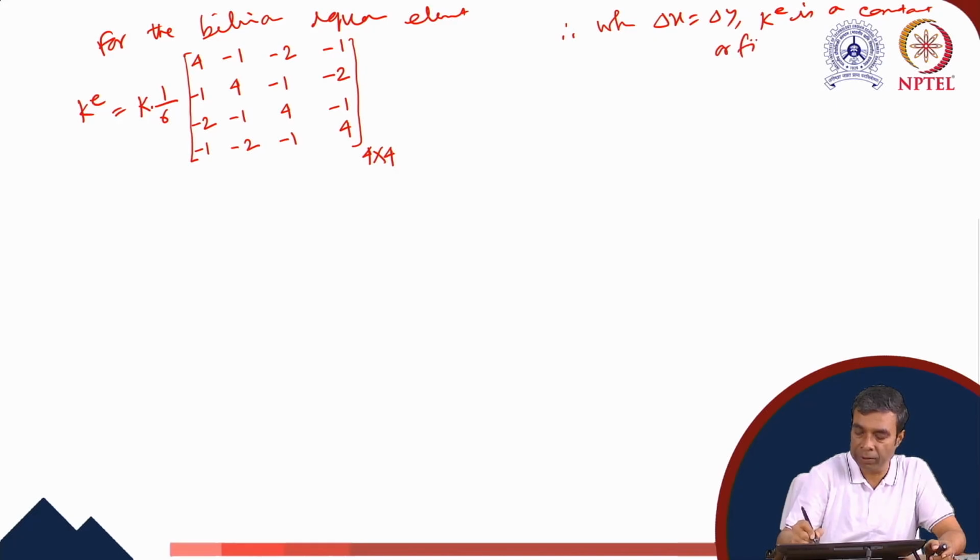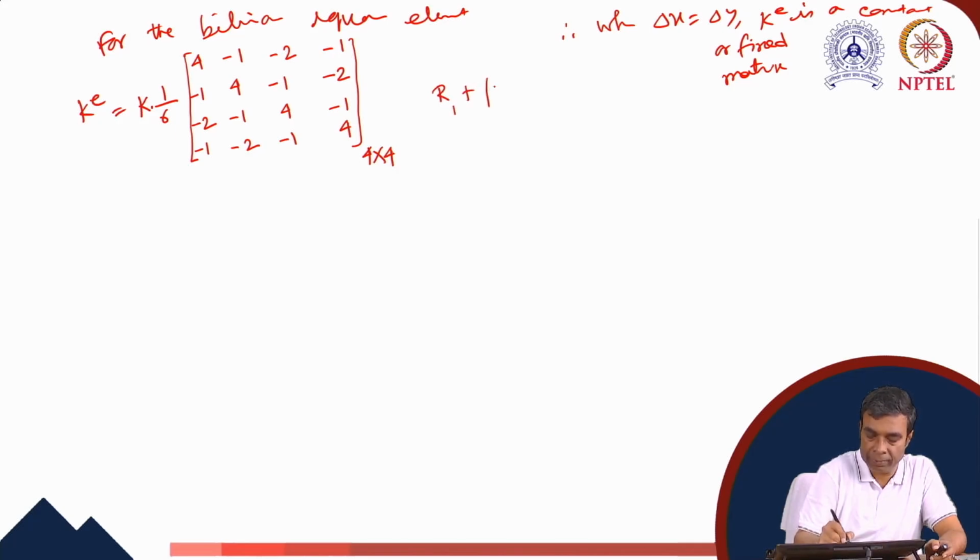If you look into the rows of the matrix, then it is clear that R1 plus R2 plus R3 plus R4 equals 0.